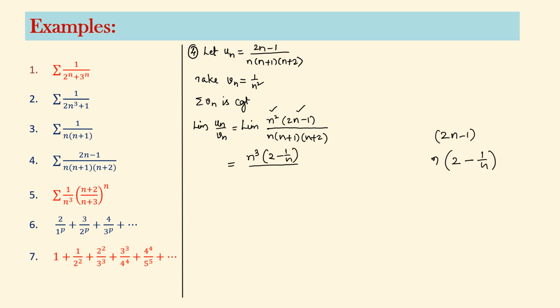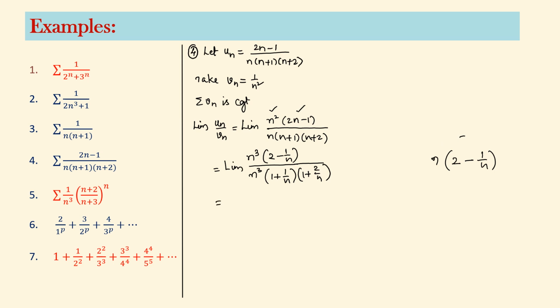In the denominator, we have already n. So from these two factors, we'll take n and n common. So altogether we'll have n cube. And the first factor becomes 1 plus 1 by n, and the second factor becomes 1 plus 2 by n. I forgot to write limit.